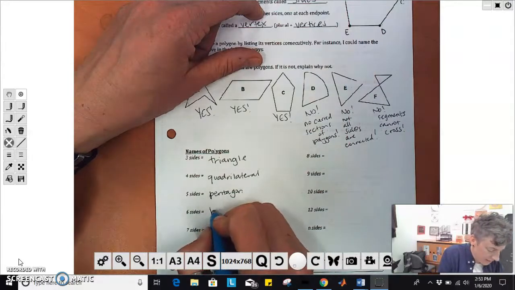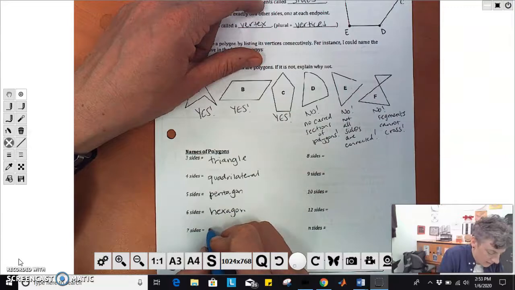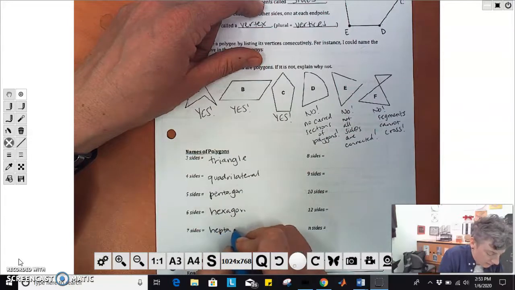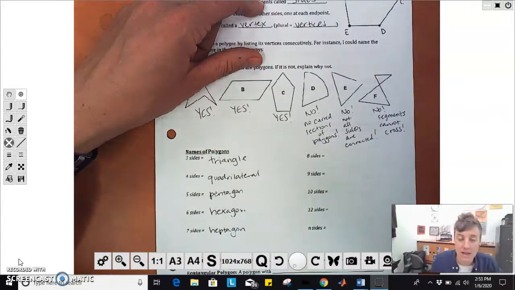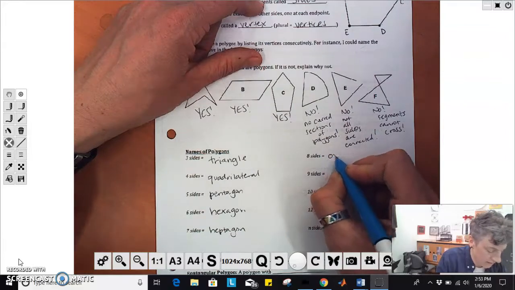6 sides is a hexagon. 7 sides is a heptagon. 8 sides is an octagon.